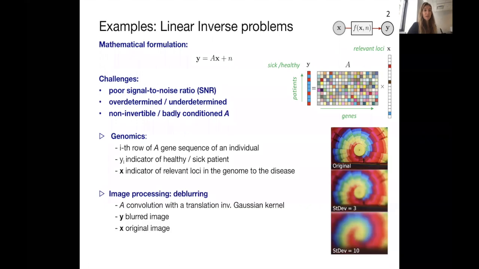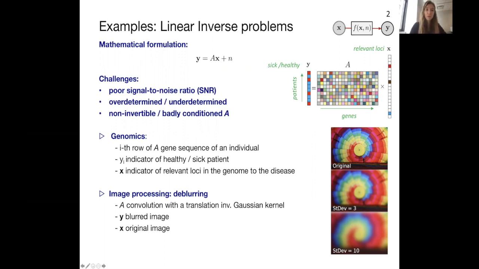Another example, this time in image processing, being one of the main focuses of this tutorial, is deblurring. In this case A is a convolutional operator, for example with a Gaussian kernel.